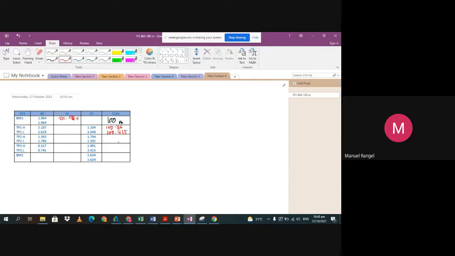For HI, first this one: 100.86 plus 2.187 is 103.047. Then the other: 100.415 plus 2.629 is 103.044.